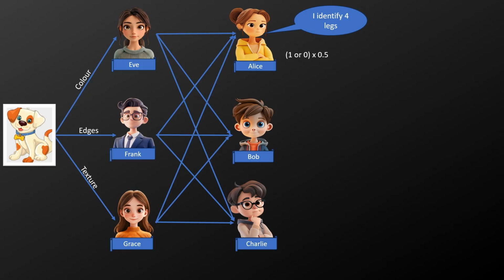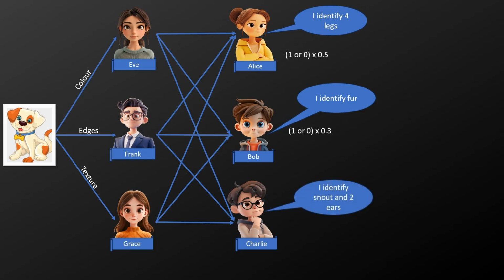Bob focuses on textures and checks for fur patterns. If he finds fur, he outputs 1, otherwise 0. He then multiplies this with a weight value, say 0.3. Charlie detects facial features and tries to spot a snout and 2 ears. If he finds them, he outputs 1, otherwise 0. His weighted contribution is 0.2.